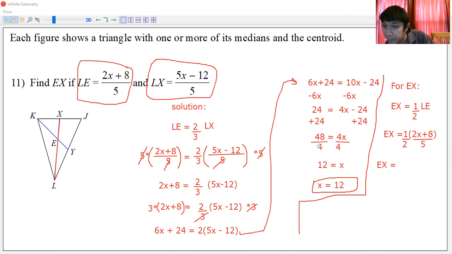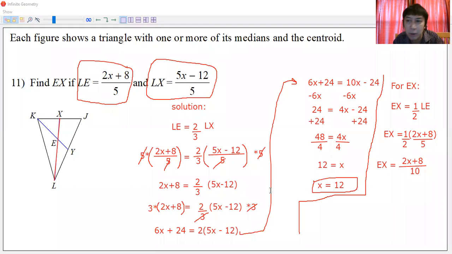This is the same as 2x plus 8 divided by 10, okay? All right, so we can simplify that. We can write this like 2x plus 8 divided by 2 times 5, which is 10 there. And so this is our equivalent formula for EX.